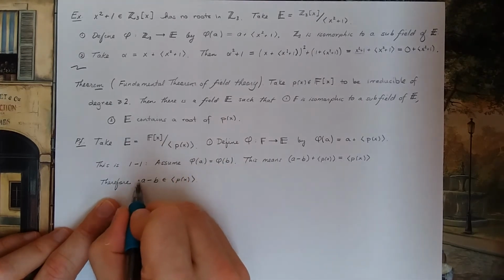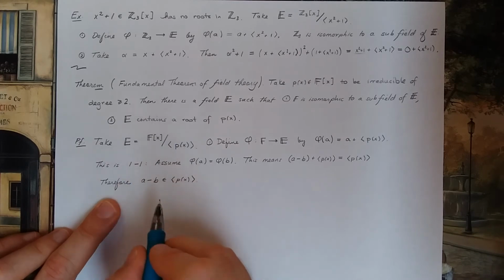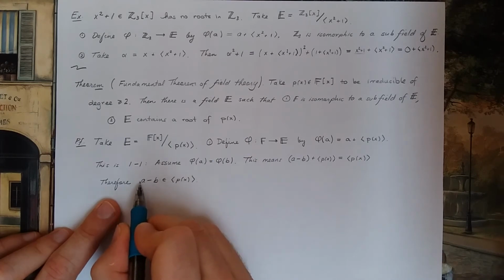Now the degree of this polynomial is degree 1 or 0 even. So A and B are in your field F. There's no x, this is just a degree 0 polynomial.